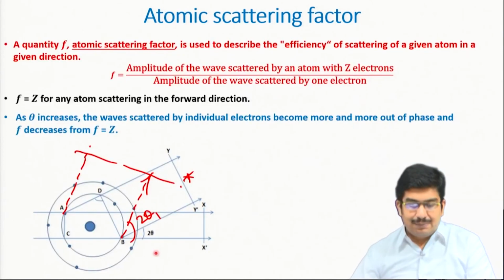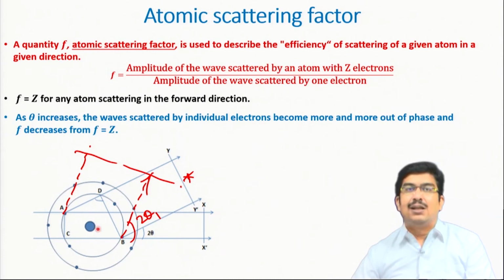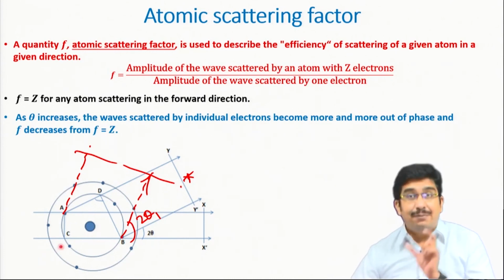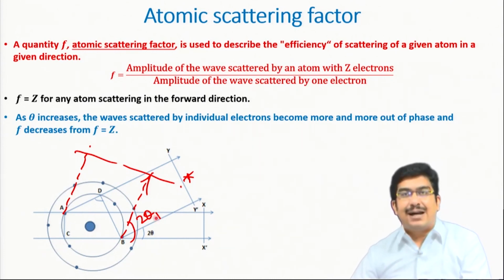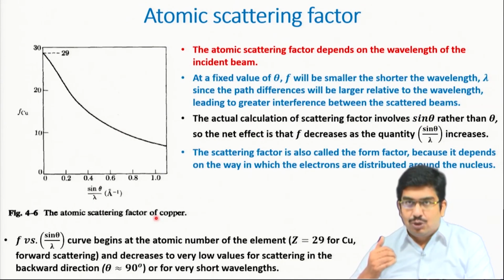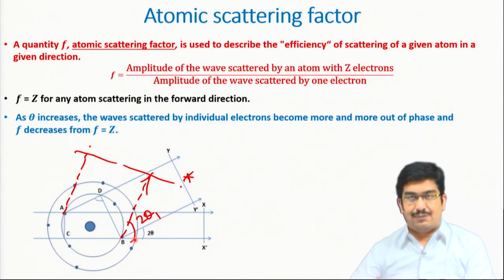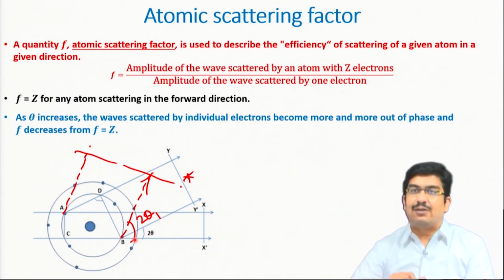The wavelength is much smaller here, theta remains the same, and we are still summing these two waves in this direction. If the wavelength reduces, the path difference will be larger compared to the wavelength itself, and that means these two waves generated from these two points will be more and more out of phase. So, path difference depends on the wavelength, that we have also seen.